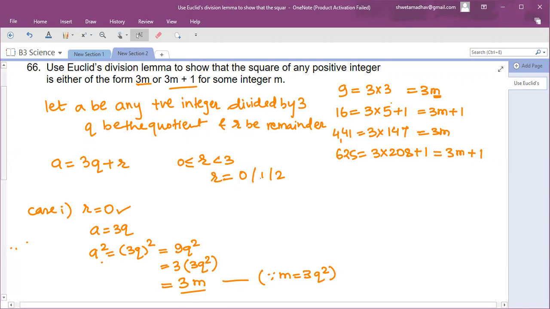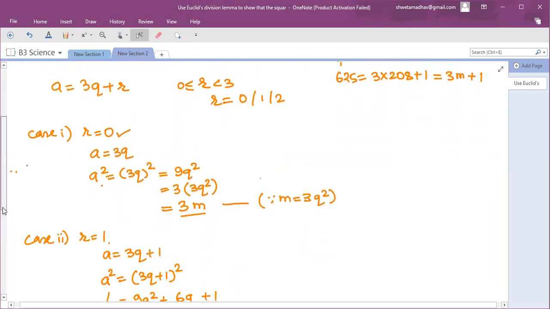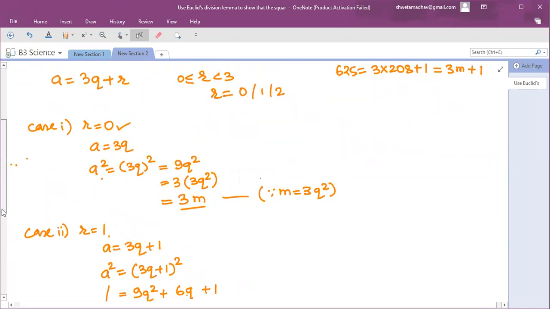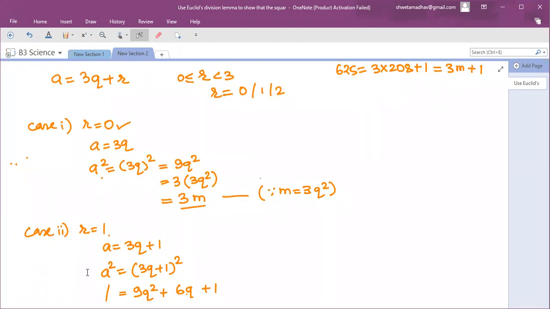Ma'am, the same thing that we did over here, we have to do the same thing in the next question. But here you are doing square. In the next question it is cube. Ma'am, can you scroll down?